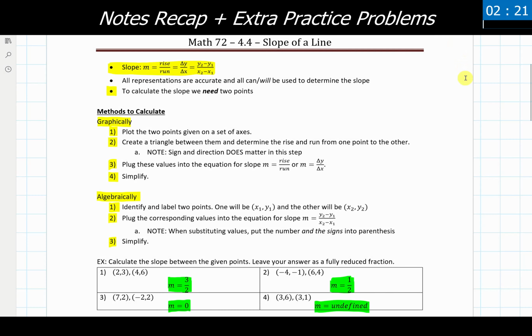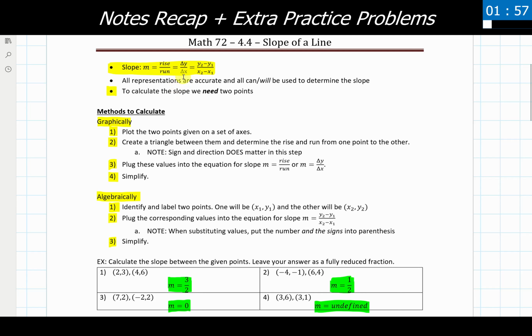As a recap of the material that we covered today, we were working with the slope of a line. We had our 3 different mathematical definitions of the slope. We can and we will be working with all of them, so I would recommend writing those down and having those somewhat close and nearby as you're working through these problems.